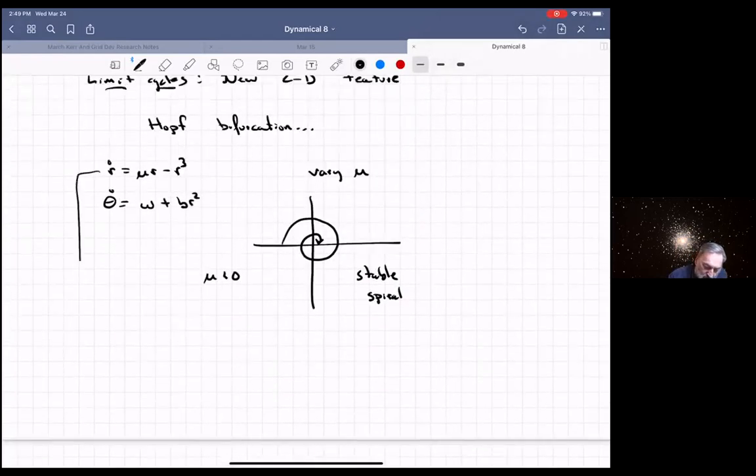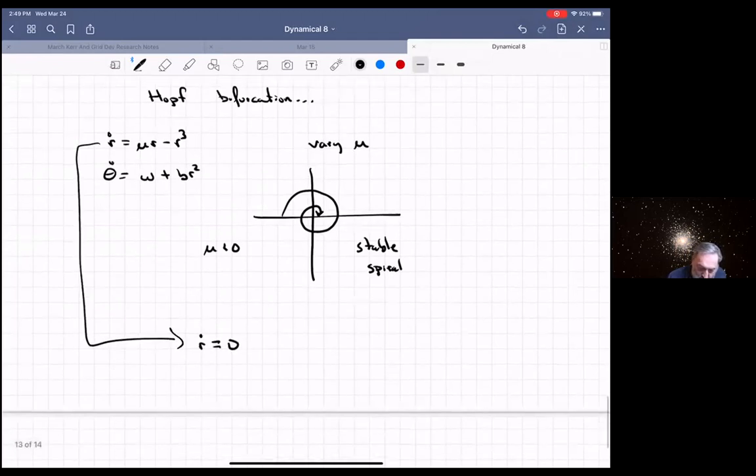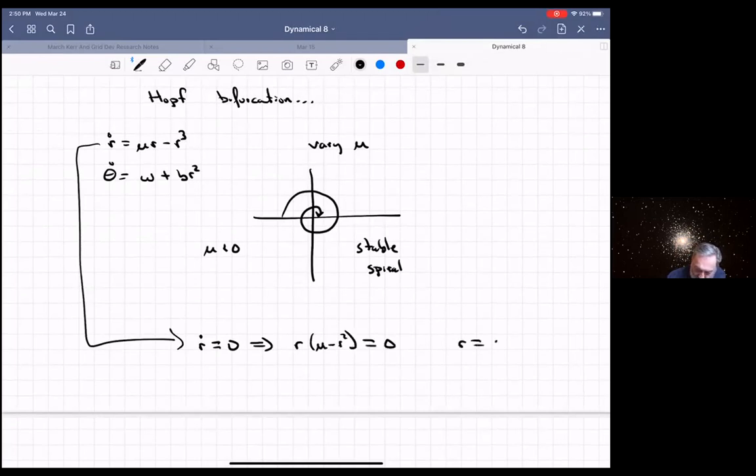Because if I look at this r equation and I solve r dot equal to 0, what I would have is r times mu minus r squared needs to be equal to 0, so the solutions are r equals 0 and r equals plus root mu. So if mu is negative, the second one is not a real root. So the only r value that's not changing is the origin.